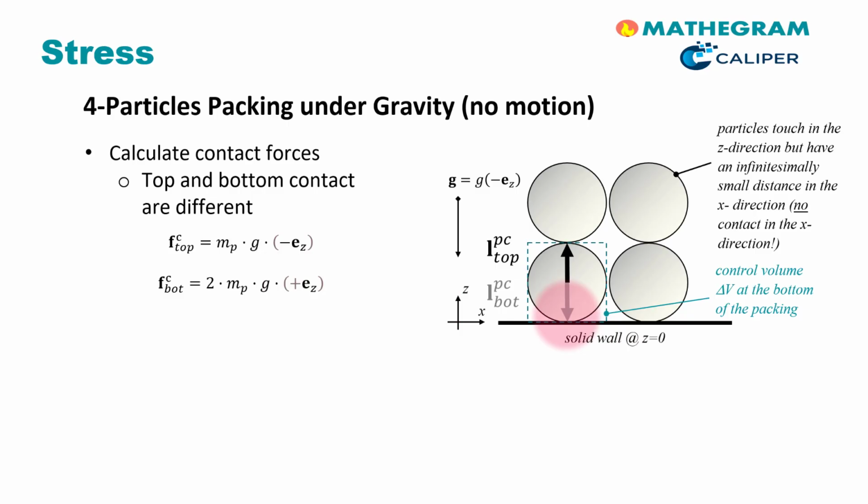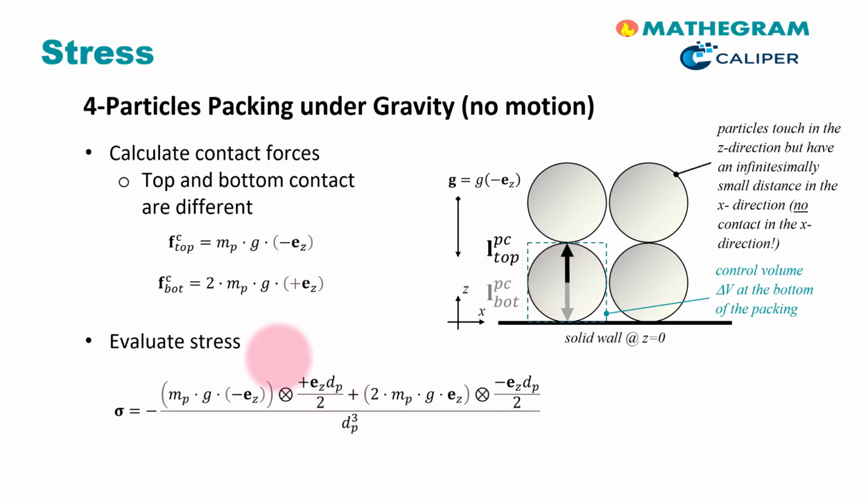This was already the hard part, and we can now easily evaluate the stress by summing over the contacts. Note the sum over the particles in the RVE degenerates to simply the contribution of the bottom left particle, because there is no other particle in this control volume. Hence we arrive at this expression here.